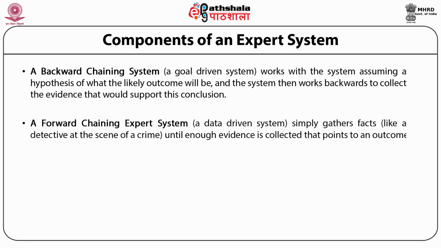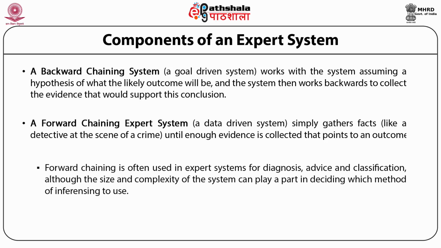A forward chaining expert system, or data-driven system, simply gathers facts like a detective at the scene of a crime until enough evidence is collected that points to an outcome. Forward chaining is often used in expert systems for diagnosis, advice, and classification, although the size and complexity of the system can play a part in deciding which method of inferencing is to be used.